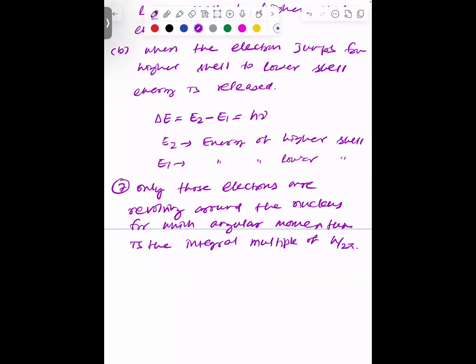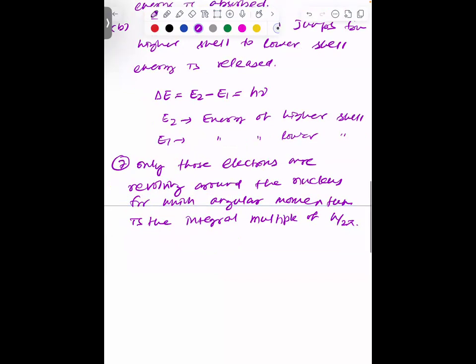We know the formula of momentum is m into v. So angular momentum is mvr, mass into speed into radius, equal to an integral multiple, nh upon 2 pi. So this is the formula.